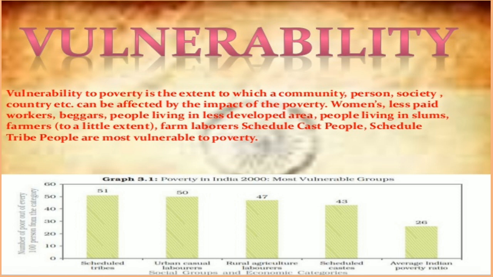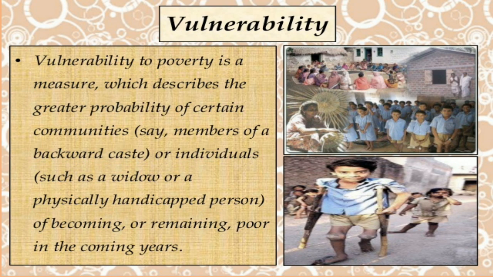Women, less paid workers, beggars, people living in low developed areas, people living in slum areas, farm laborers, scheduled caste people, scheduled tribe people are almost all vulnerable to poverty. It means the person who may face poverty in the future is known as vulnerable.